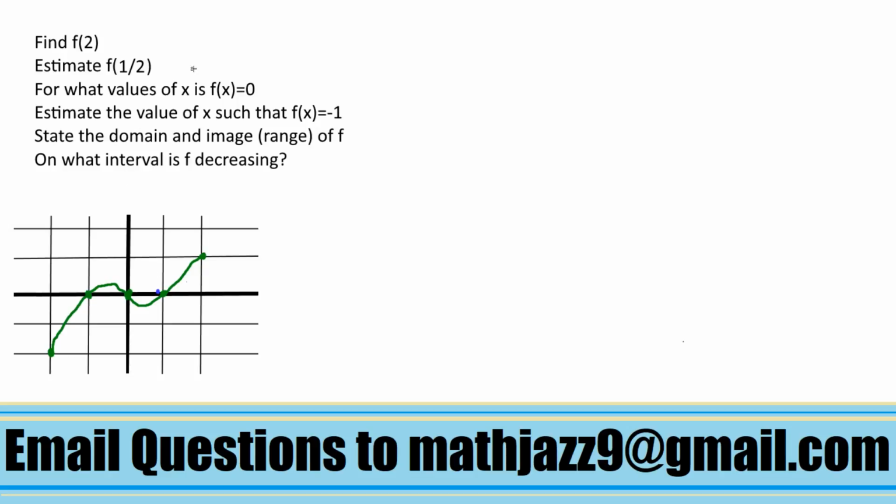So here we have, what values of x make f of x 0? Well, we want to look at the 0 vertical line. So this line here is the x-axis. It represents traveling no vertical distance.